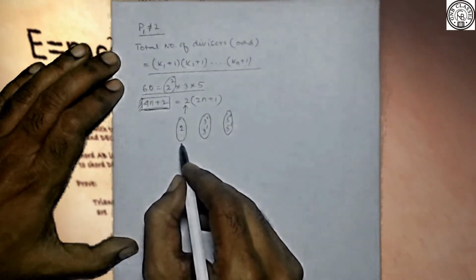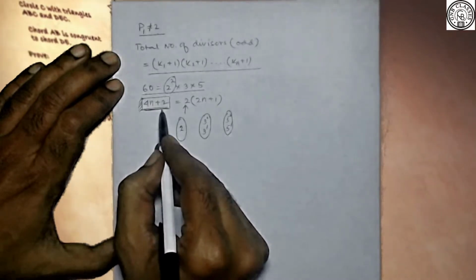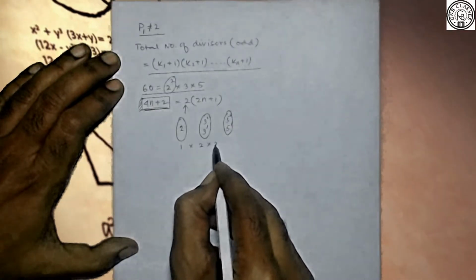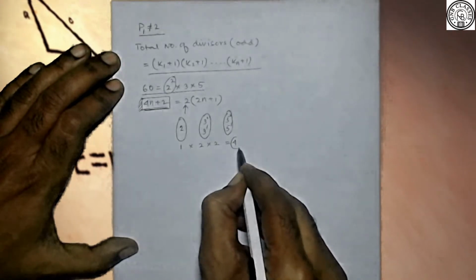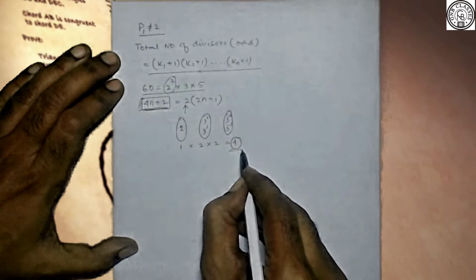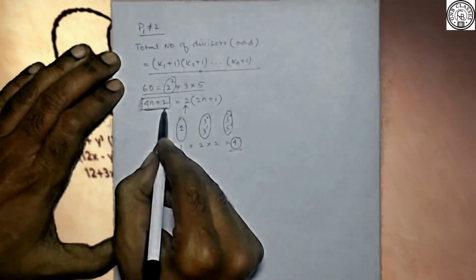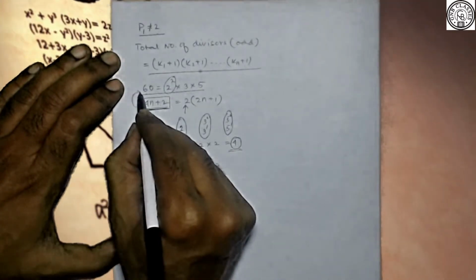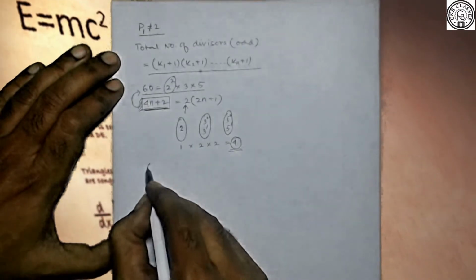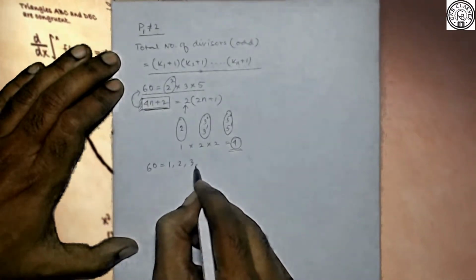Therefore the total number of divisors of the form 4n plus 2 will be 1 into 2 into 2, that gives us only 4. Therefore 4 is the total number of divisors of the form 4n plus 2 for the natural number 60, and that we can see easily. What are the factors of 60?